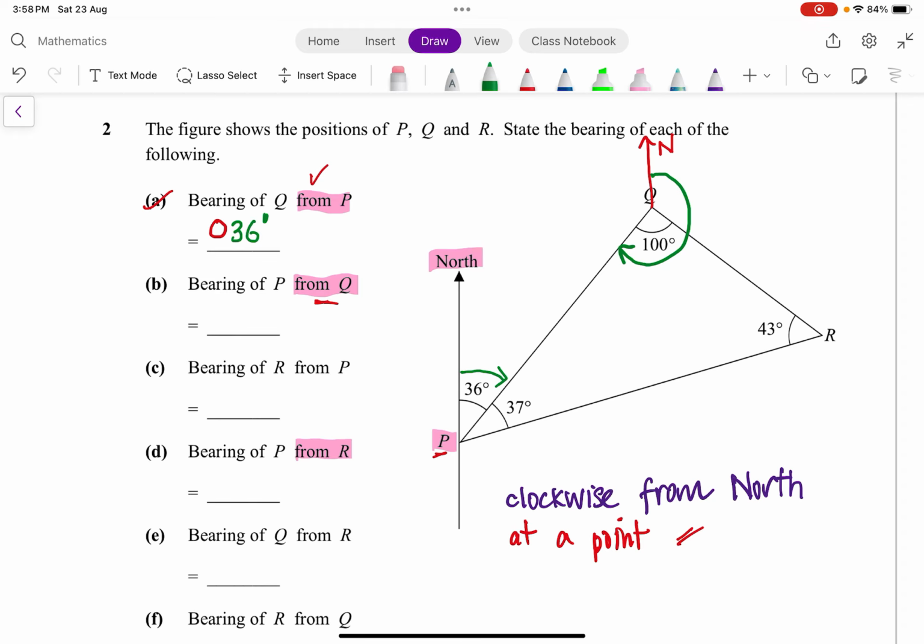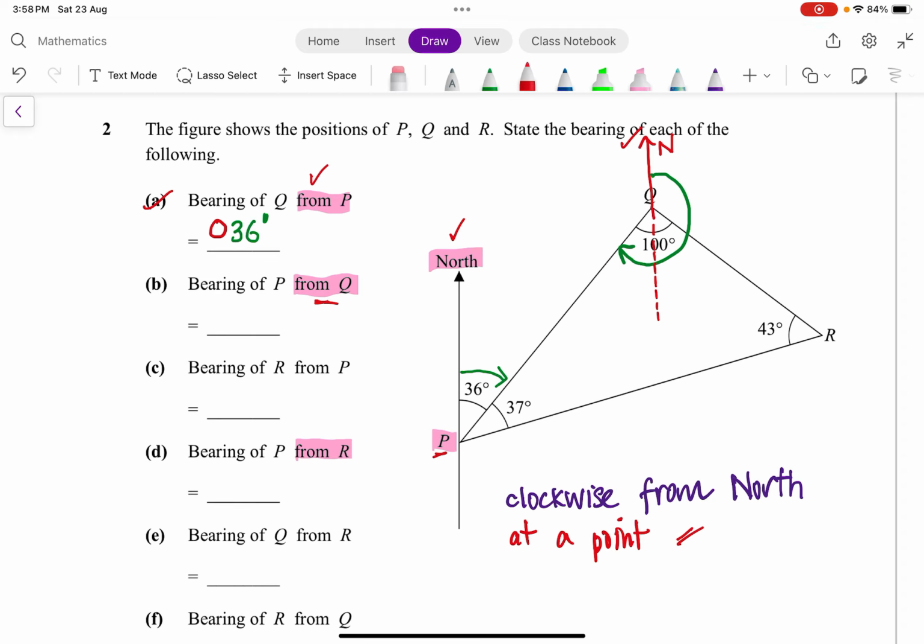Now, you notice that it seems like there is not enough information. But if we take a closer look, let me just extend this north line and see if you are able to see some information over here. If I extend this north line, what you will see is that the two north lines should be parallel, isn't it?